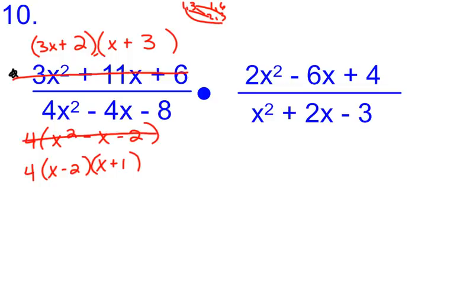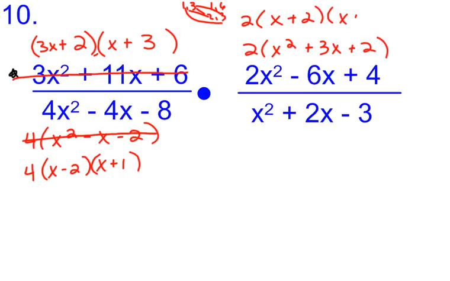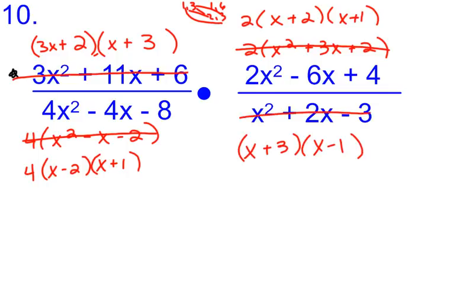So now I'd like you guys to pause the video quick and see if you can get the next 2 factored for me. So hopefully here you took out a greatest common factor, and then you would factor into x plus 2, x plus 1. And then down here you have x plus 3, x minus 1.